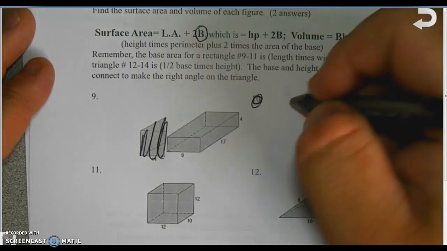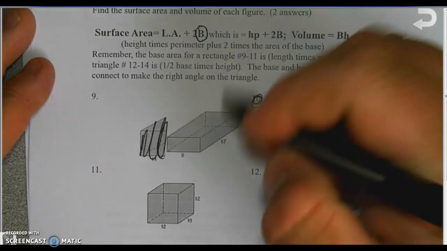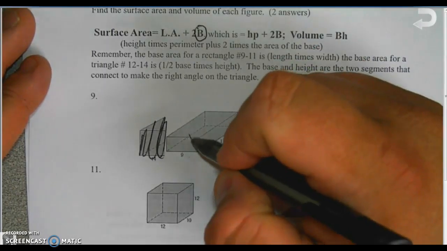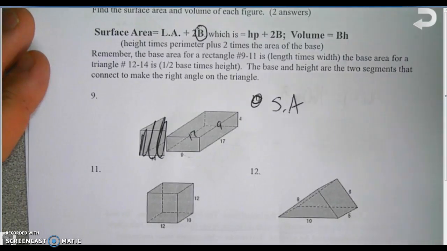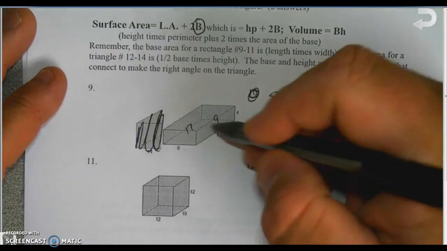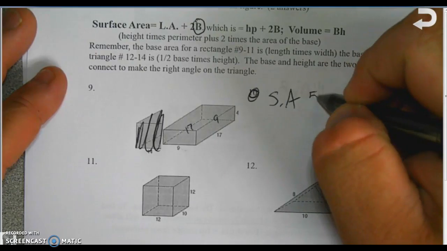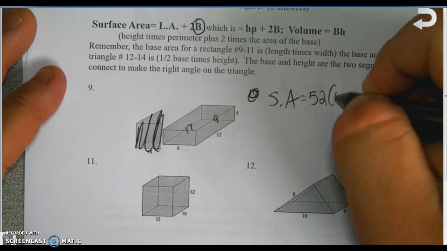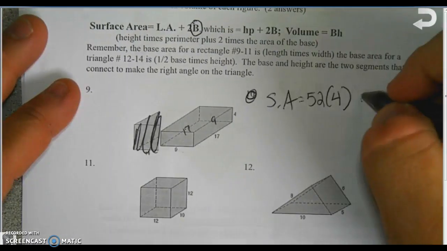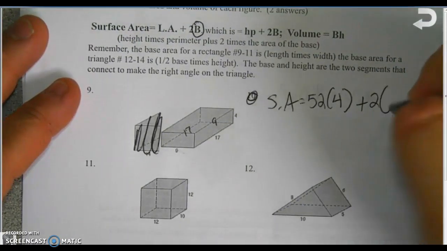In order to do the surface area, you do the lateral area, which is what we did before. So 9, 17, 9, and 17. You add those numbers together, and you get 52 times 4, because you're going to do it times the height. And then that's going to be plus 2 times the area of the base.